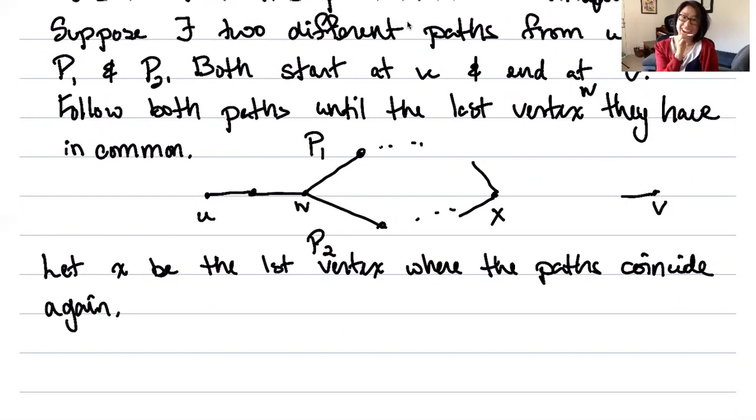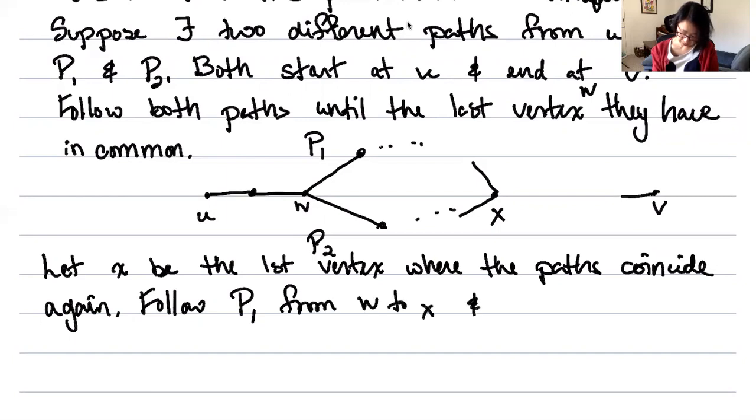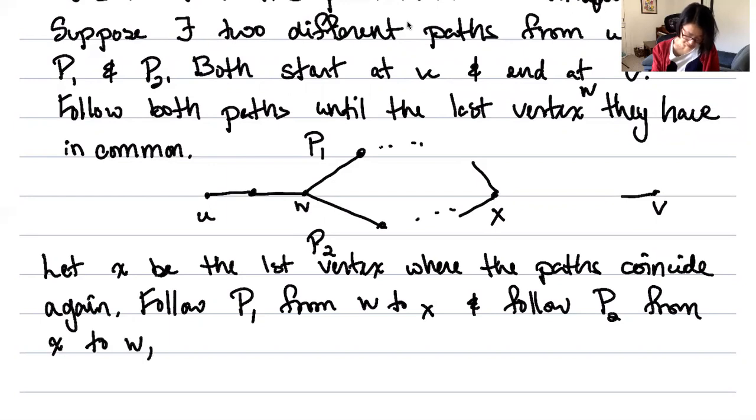And now if you look, what we have is, if we follow P1 from W to X and follow P2 from X back to W, there are no vertices in common there. So in particular there are no edges in common there. So that's a cycle.